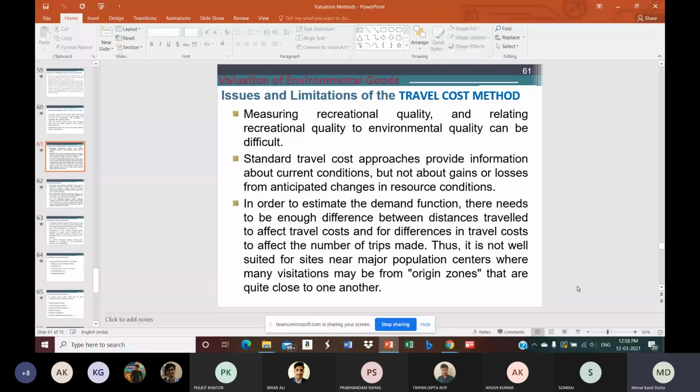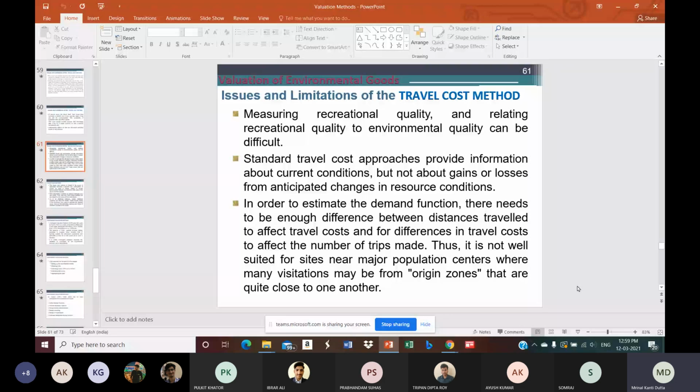So the distance might play a very important role, and this may not be the case for visits from major population centers. They might be quite close to each other. Differences in the distance will be very small, and that will not have a visible impact on the demand function constructed for this travel cost method.